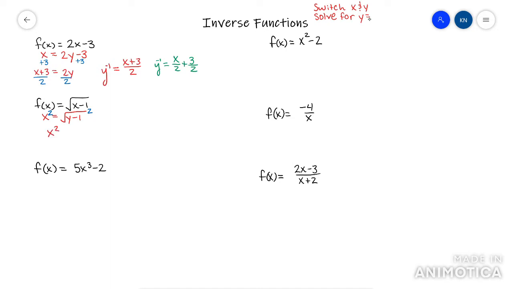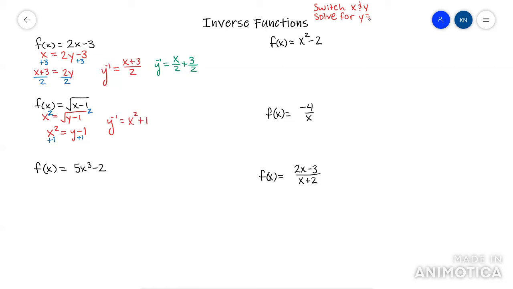Then on the right side, the root and the square cancel each other out, and it just leaves y minus 1. And so now you can just go and add 1. So you get x squared plus 1. So my answer here, y to the negative 1, the inverse, would be x squared plus 1, like that.